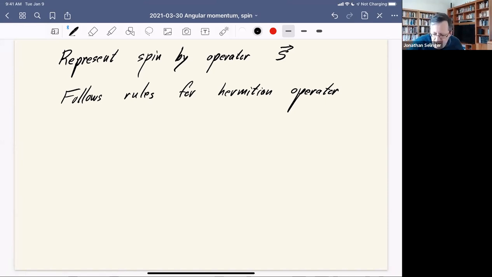Okay, and so I'm going to say there's a spin operator, and we could say it goes along with an Sx operator and an Sy operator and an Sz operator. And I don't really know what these things mean in terms of visualizing parts of the electron, but even so, I can follow a lot of rules for calculating stuff.